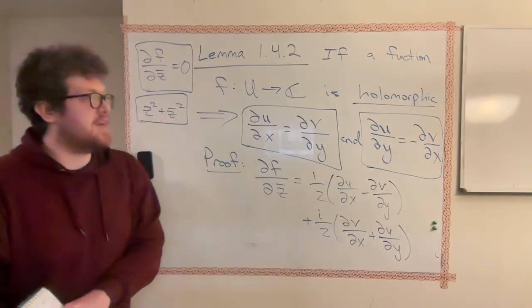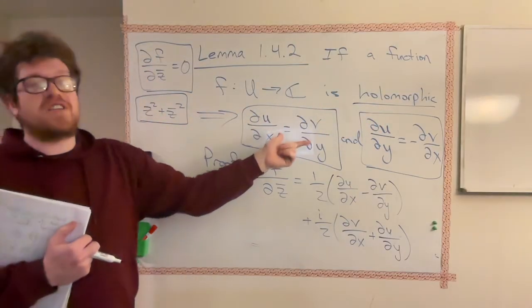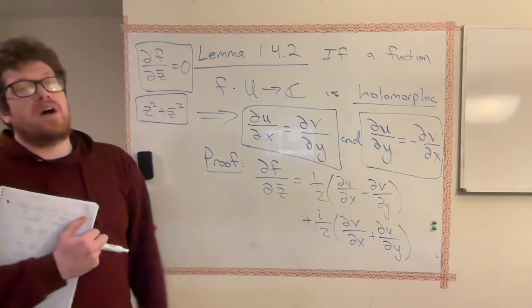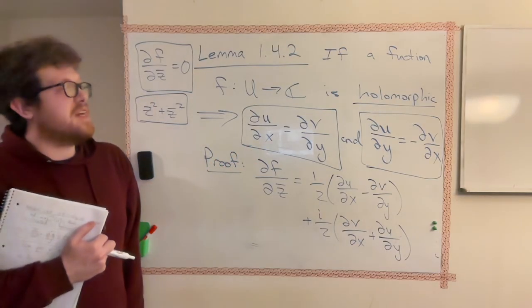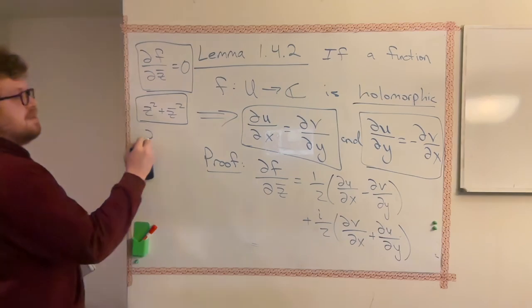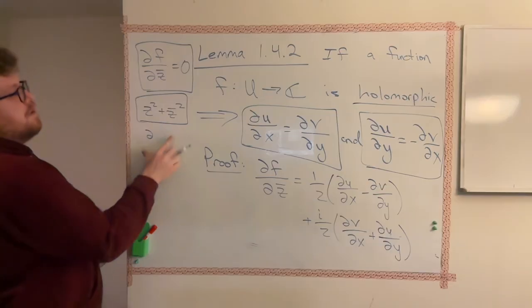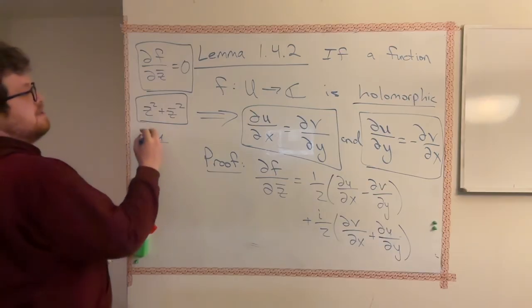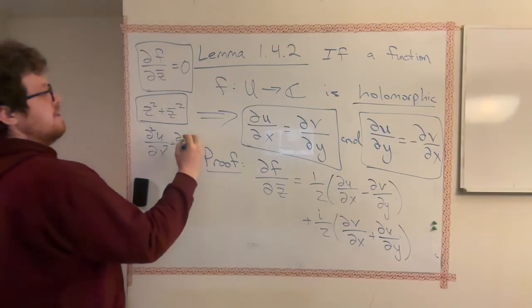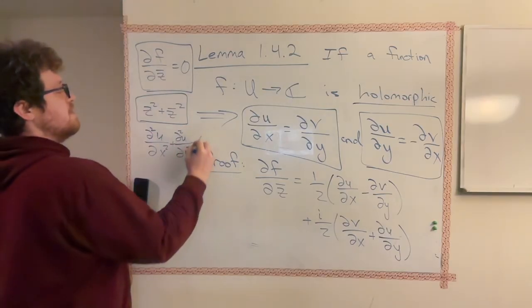So it turns out that if a function is holomorphic, then the real part and the imaginary part are both special functions which have nice properties, which we call harmonic. That's just a property on the second derivative. A function is harmonic if you take the real part u, the second derivative with respect to x, and add it to the second derivative of u with respect to y, and this is 0.